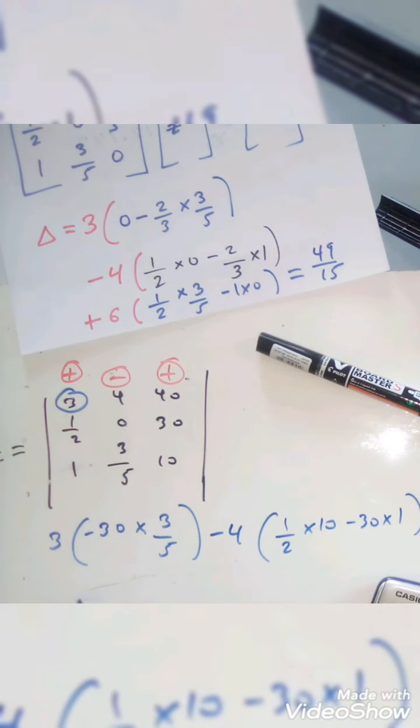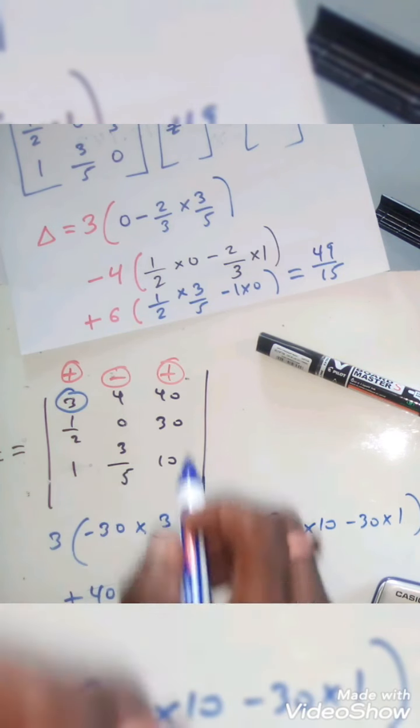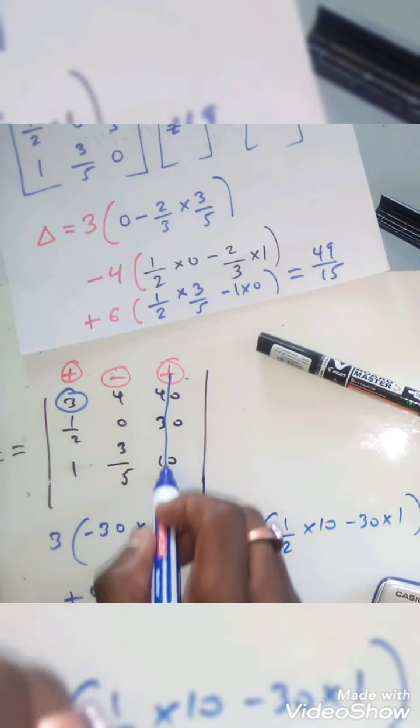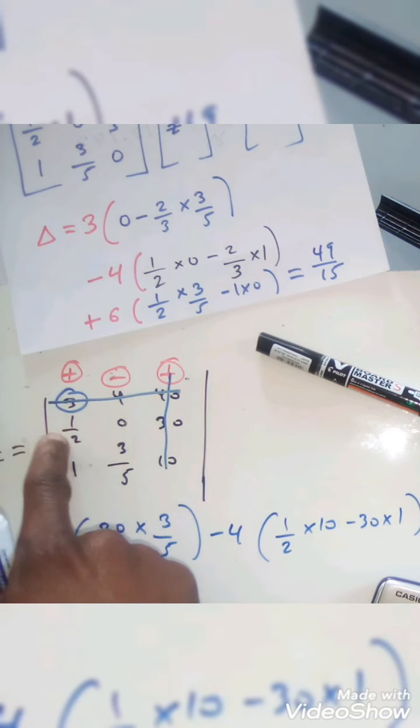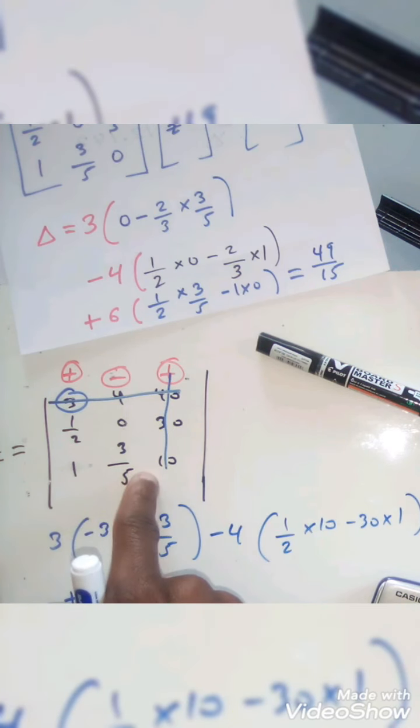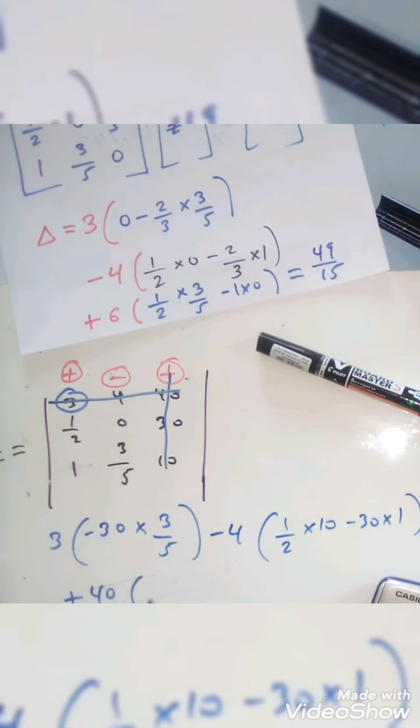Then for the third one, it's positive 40. And then I'm going to cancel out this column and that row associated with 40. So now I'm left with 1 over 2 times 3 over 5 minus, that's 0. So it's 1 over 2 times 3 over 5 minus 0. So you just take your calculator.